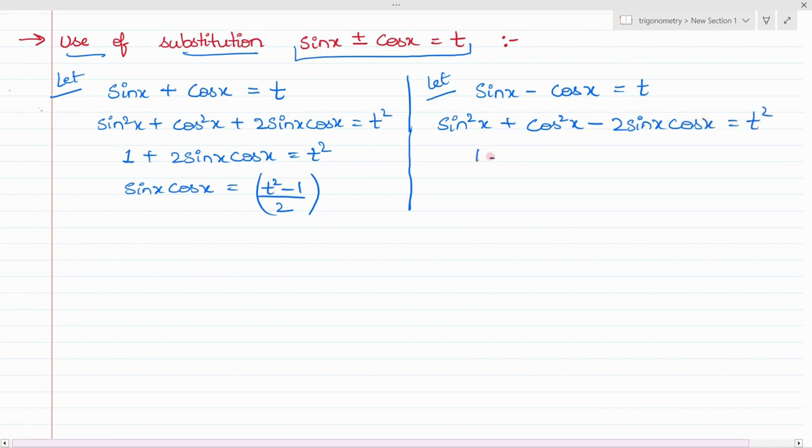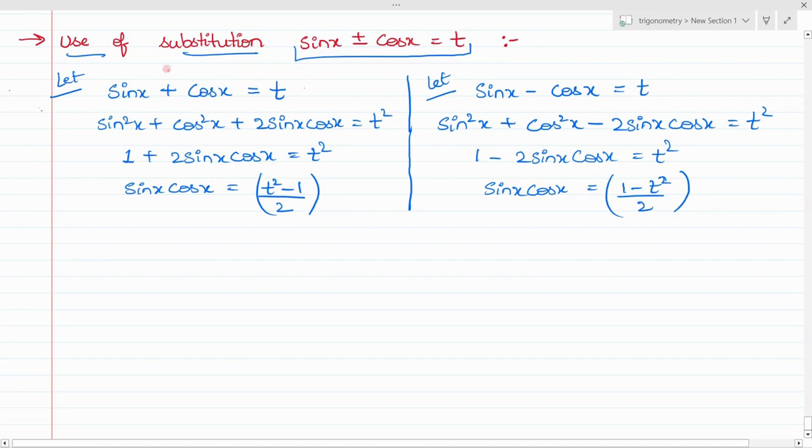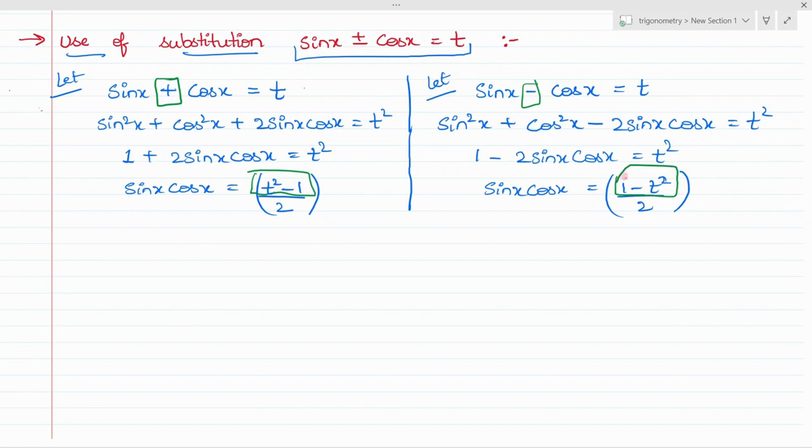Again, this becomes 1 minus 2 sin x cos x is equal to t square, and sin x cos x will be 1 minus t square by 2. So the main difference is when it is plus, it will be t square minus 1 by 2, and when it is minus, it will be 1 minus t square by 2. You should be aware of this.